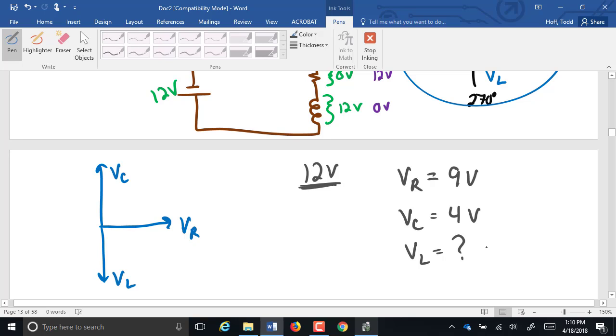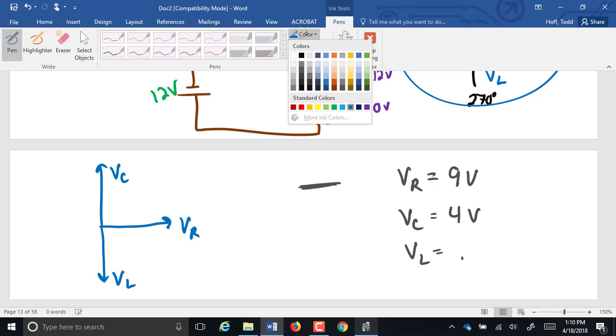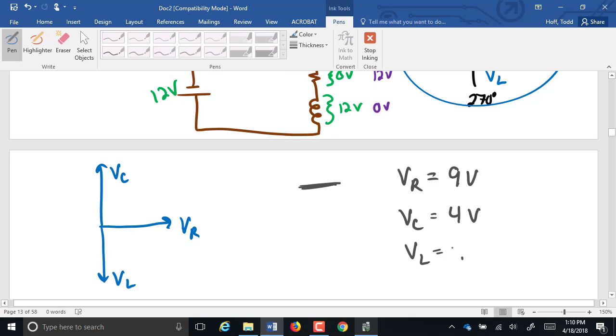How do we find the voltage across the inductor? Well, we're adding vectors. In fact, let's do this. Instead of having the total voltage, let's put in a voltage across the inductor of 7 volts.